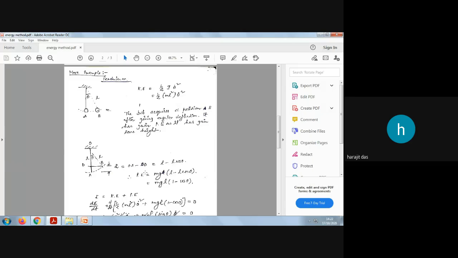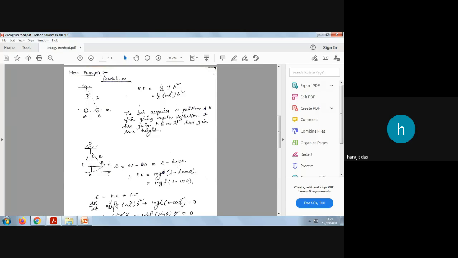So OA is small l, because the length of the pendulum, or string, is L, and OD will be equal to what? For this right angle triangle, this is theta, this hypotenuse is L, that is why this perpendicular will be L sin theta, so this base will be L cos theta.